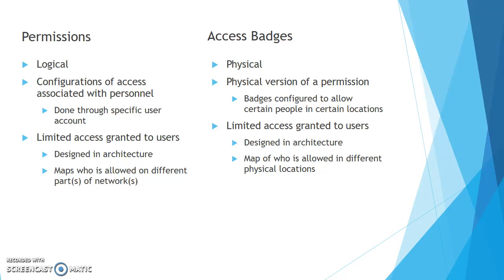An access badge also keeps certain users in certain parts of a building or different locations. The best way to manage permissions and access badges is through limited access, which is designed through architecture, and this allows users to have as limited access as necessary to do their job.